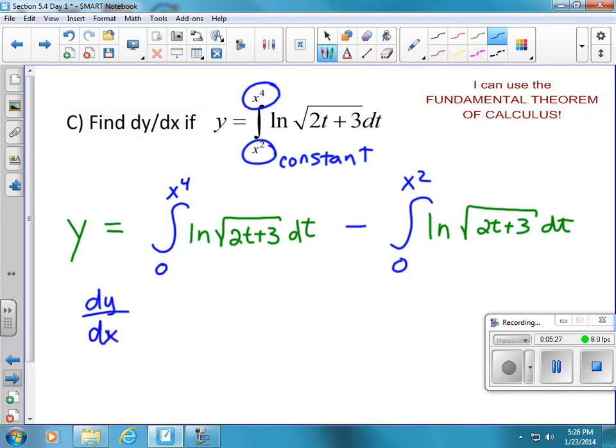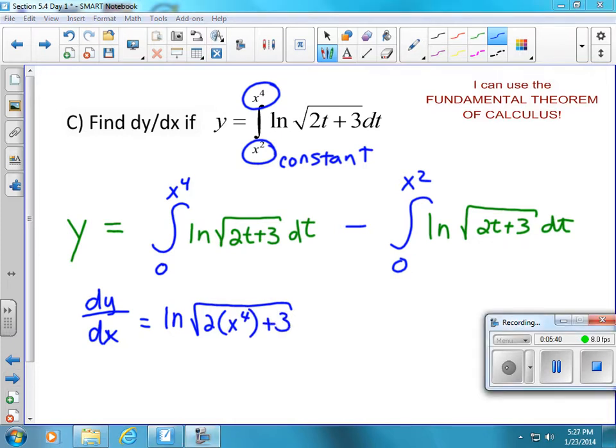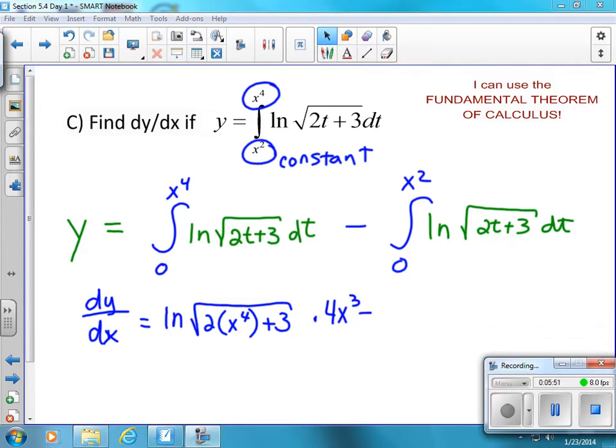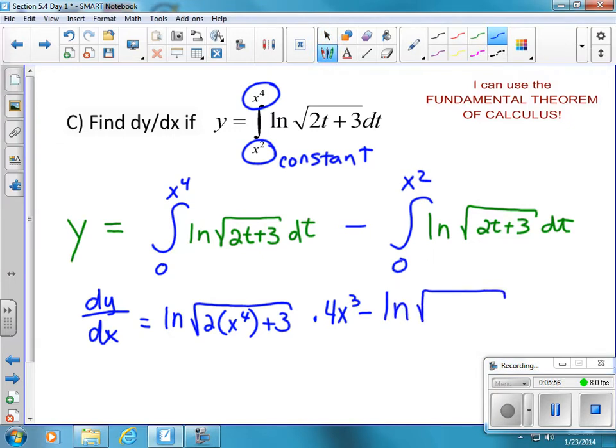Dy dx equals ln square root of 2 times x to the fourth plus 3. And then we need to multiply times the derivative of x to the fourth, which is 4x to the third. Then we're going to subtract the ln of the square root of 2 times x squared plus 3, and then we need to multiply that times the derivative of x squared, which is 2x.